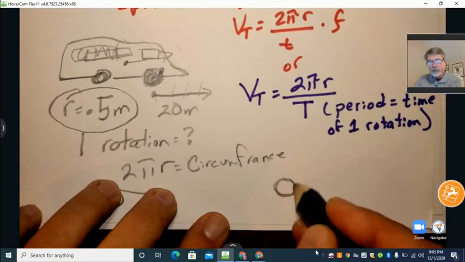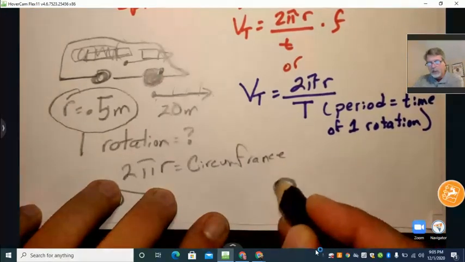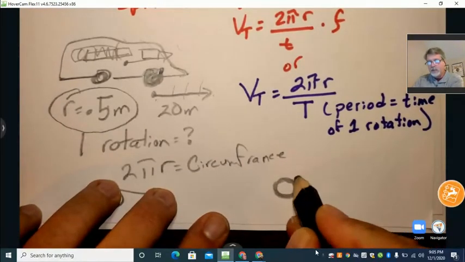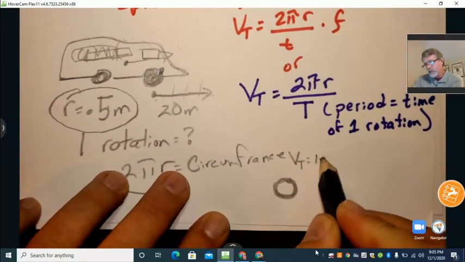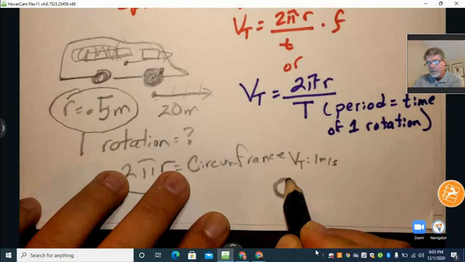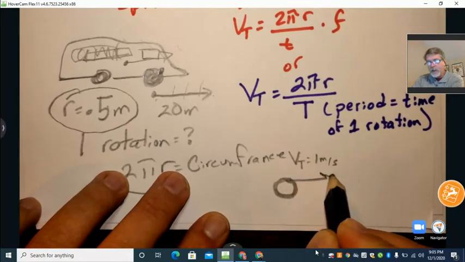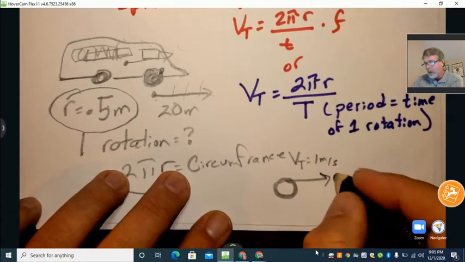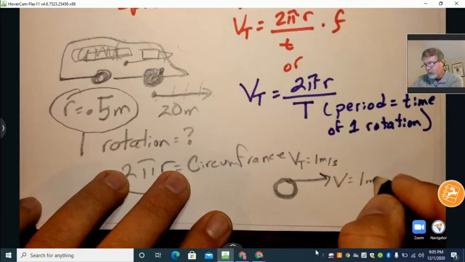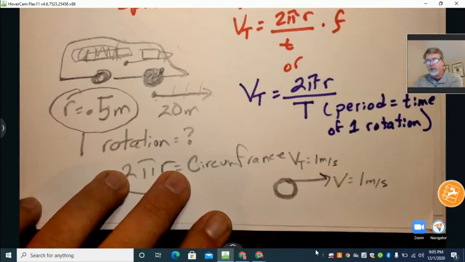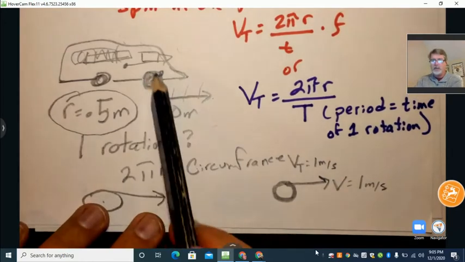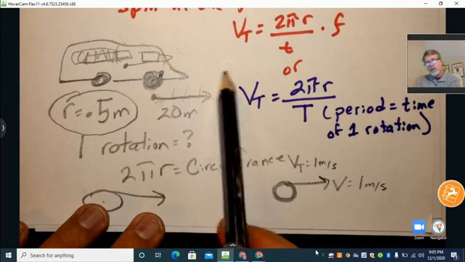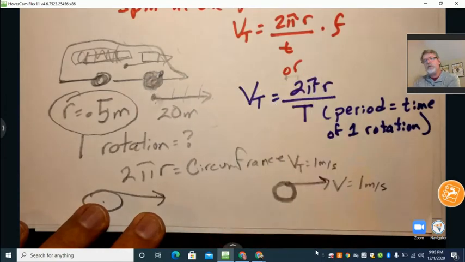If we have an object that's just rotating and spinning, and we say that it has a tangential velocity of 1 meter per second, if that object were to fly off at a tangent, it would now have a velocity of 1 meter per second. So if the tire on this bus is rotating at a tangential velocity of 20 meters per second, and it were to break off, then it's going to roll down the highway at 20 meters per second.